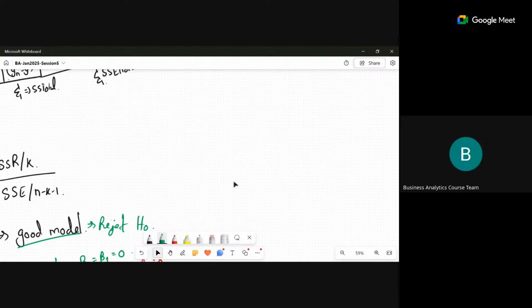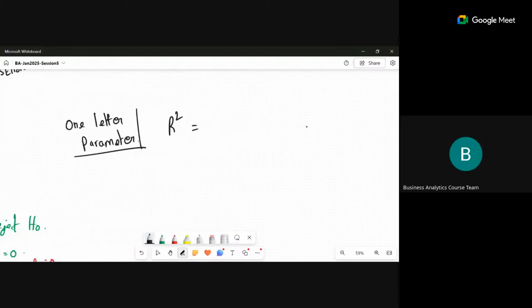That one letter parameter. Are we talking about R squared? Exactly. So we can calculate something known as R squared. What is R squared?